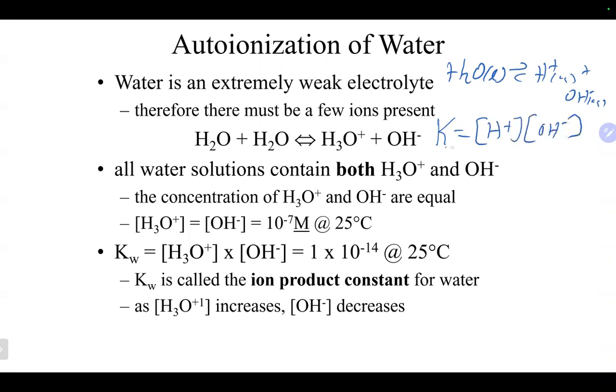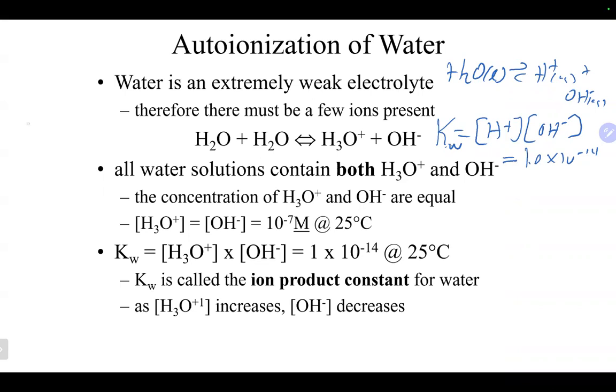This is what is referred to as Kw, the ionization constant for water. And it actually equals 1 times 10 to the minus 14. So that is a formula that you can use: Kw equals [H+] times [OH-] equals 1 times 10 to the minus 14.